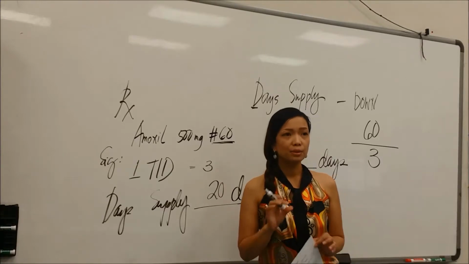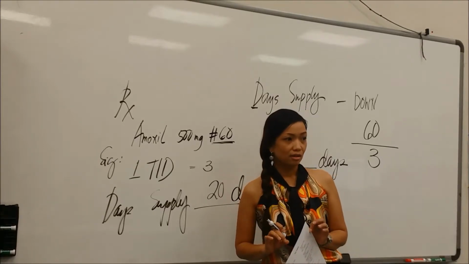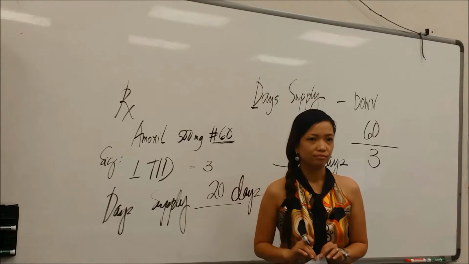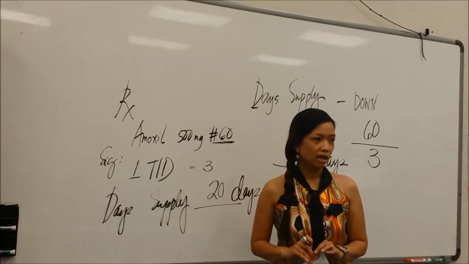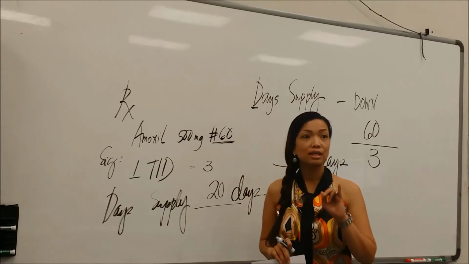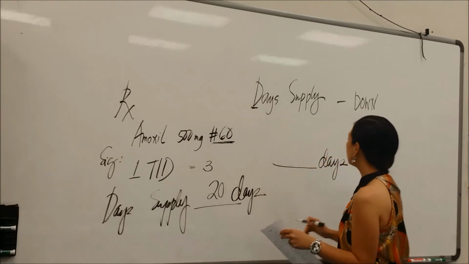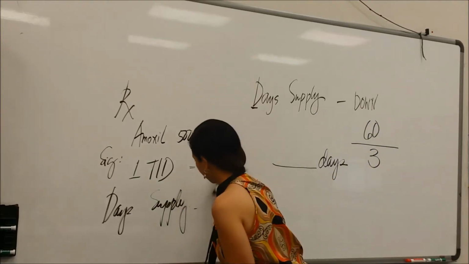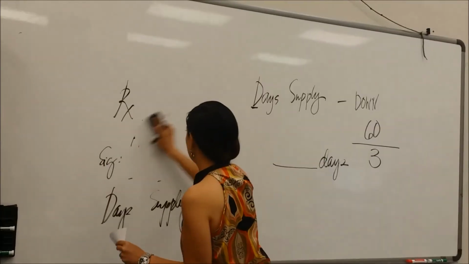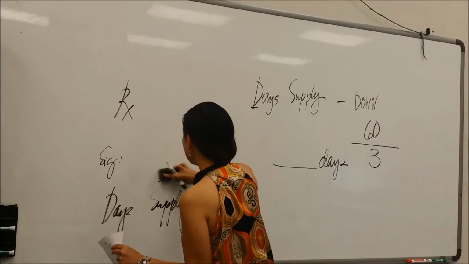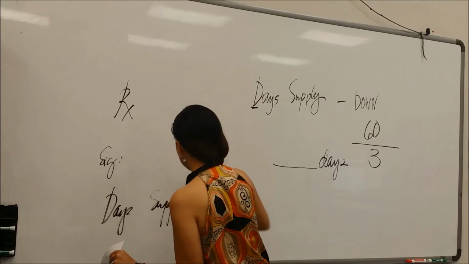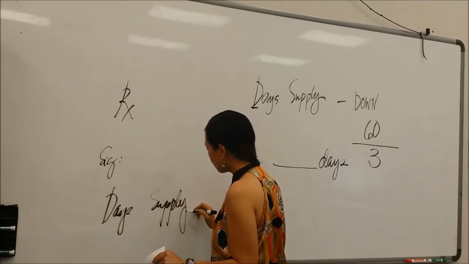One more example at the back. All the prescriptions at the back are in what form? Liquid form. Either they're suspensions, elixirs, or solutions, okay? So we can compute it. But our final answer would still be days because the question is day supply, so be very careful.